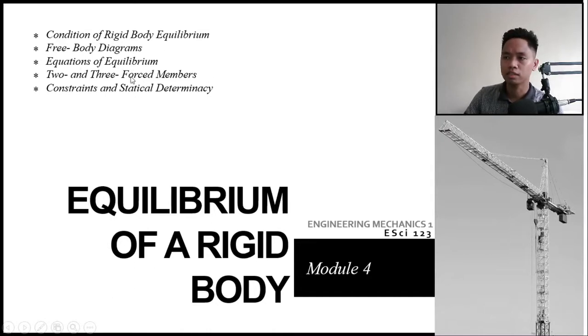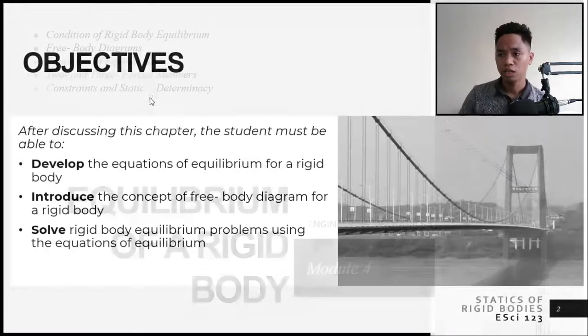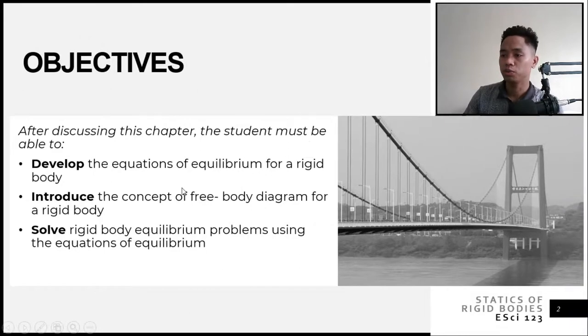Then the last topics, the remaining two topics, two and three force members, and constraints and statical determinacy, would just be a very rough discussion because it would be a very short explanation. Okay, so the objective of this module is, first, to develop the equations of equilibrium, because again, we need to start with them. You won't initially find it difficult because you have already encountered the equations of equilibrium, and we are just going to use them here.